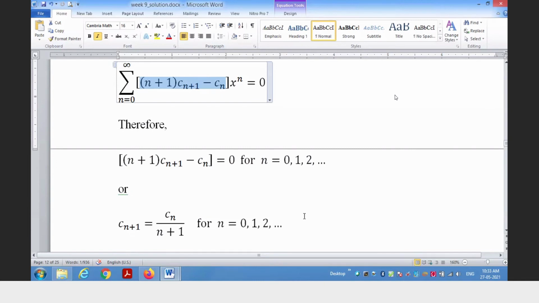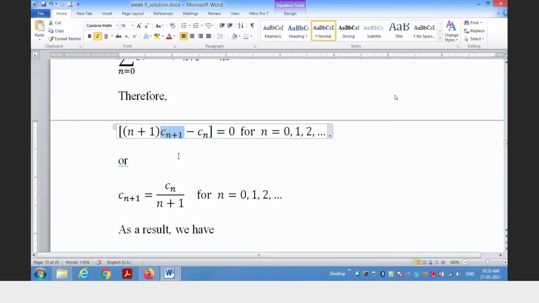Now we want to construct the relationship between these coefficients. I want to express c(n+1) in terms of cn. Since (n+1) c(n+1) minus cn equals 0, (n+1) c(n+1) is equal to cn.